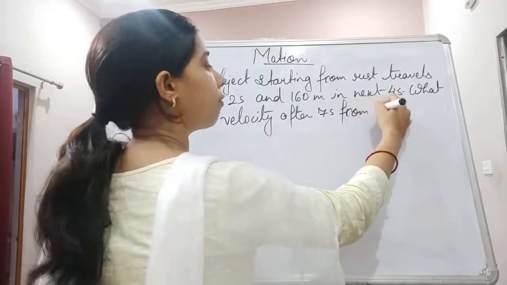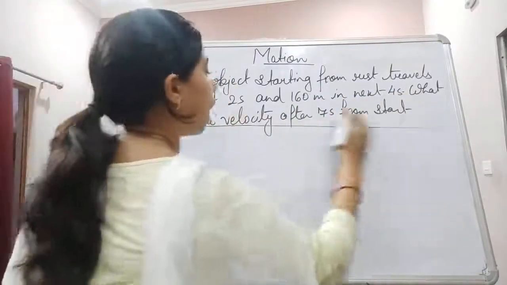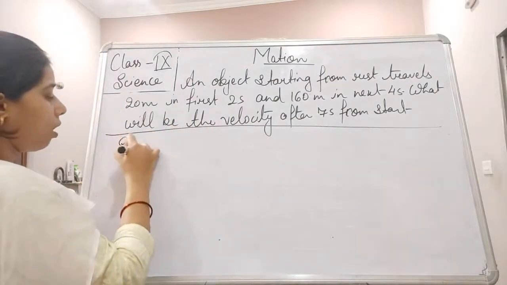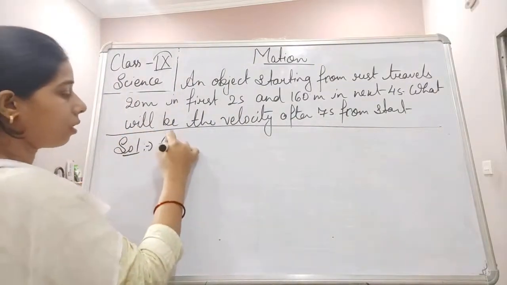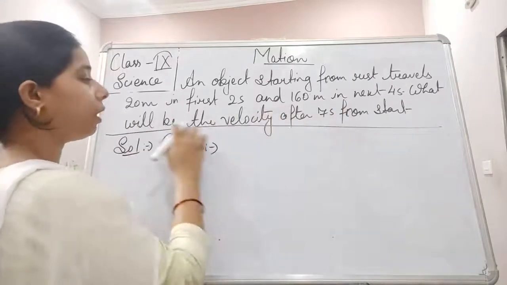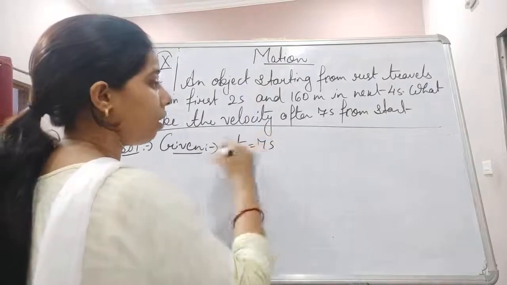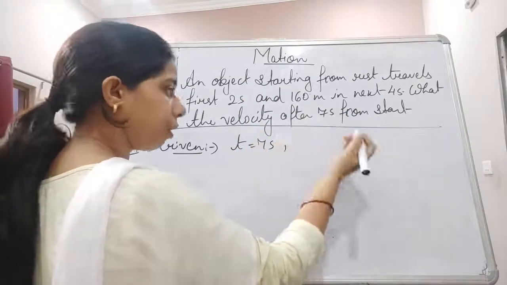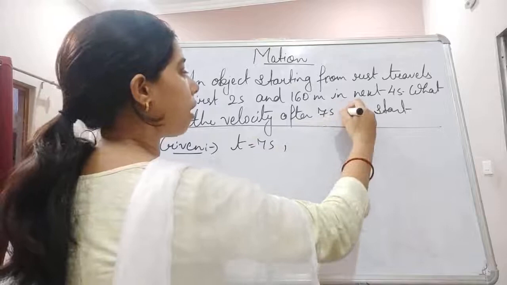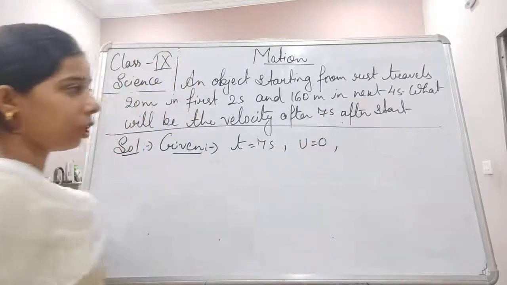So, what are the things which are given here after 7 seconds? Given is, students, that it is starting from rest. What will be the velocity after 7 seconds? So, time is given 7, from start means after start. So, u is given, that is equals to 0.